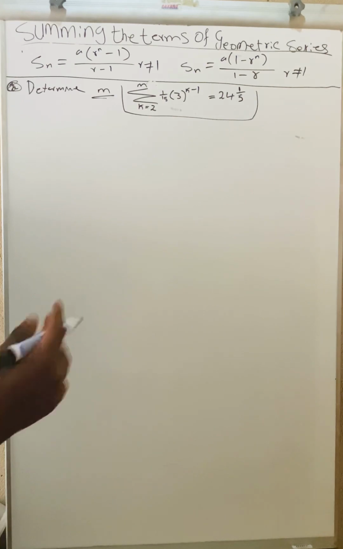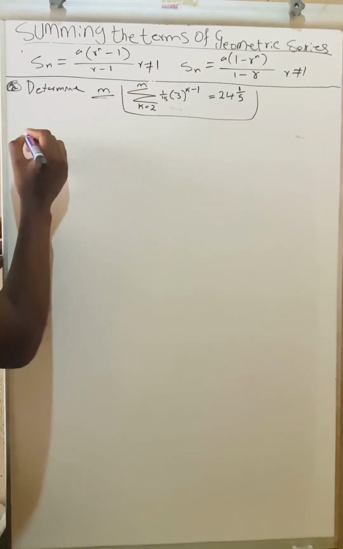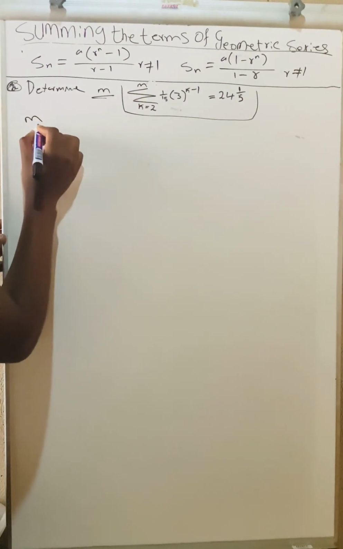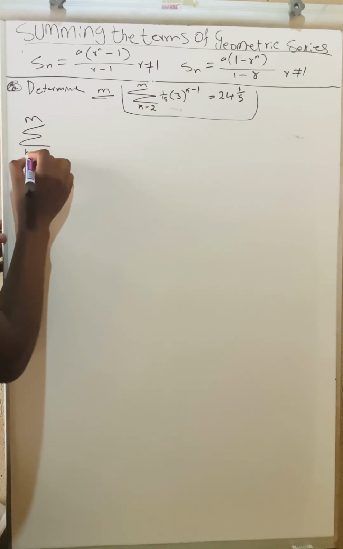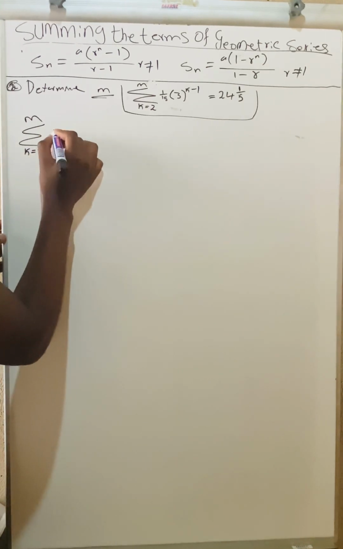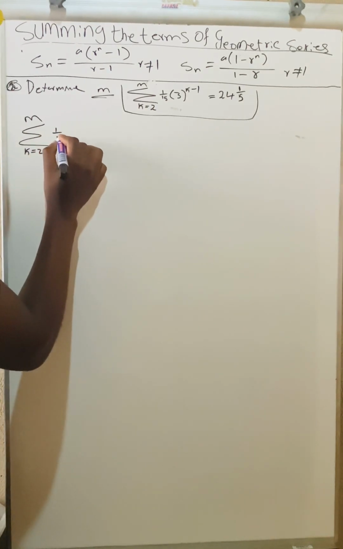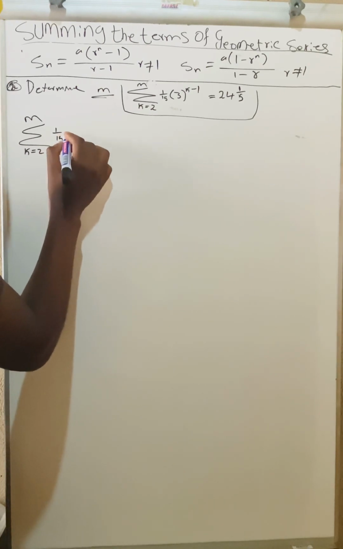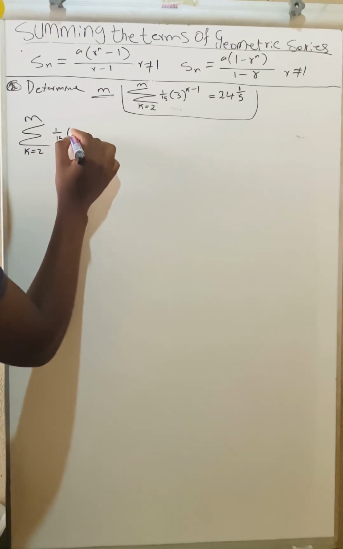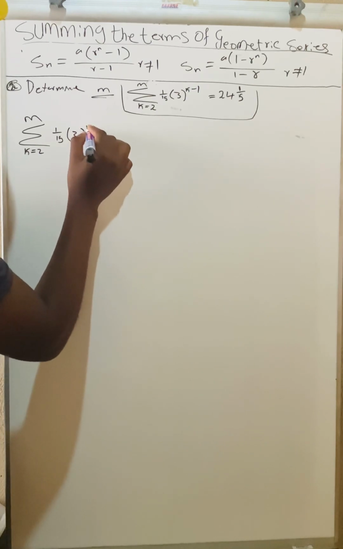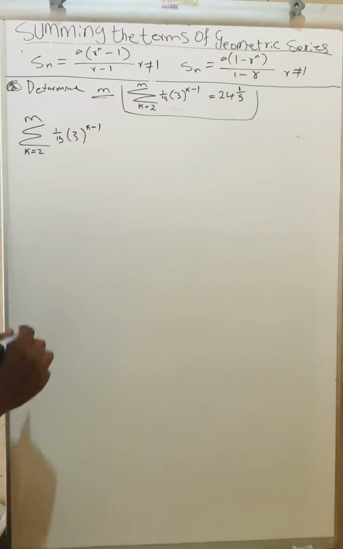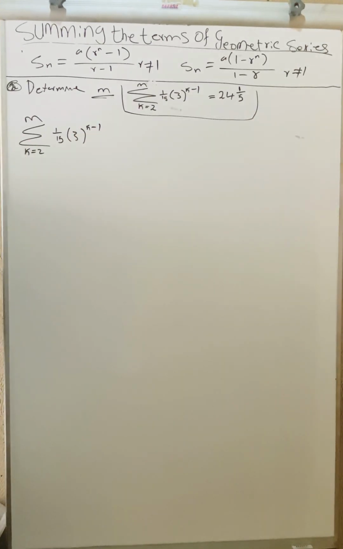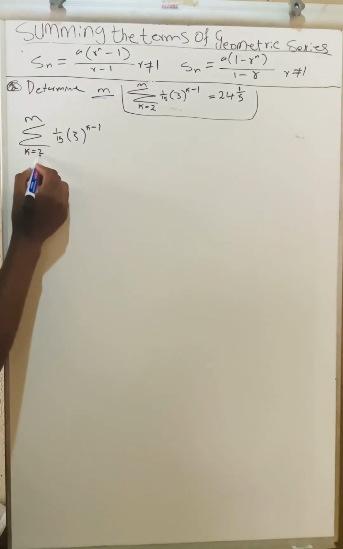Just pay attention. Firstly, you need to write this. You just say the sum from k equals 2 to m of 1 over 15 times (3 to the power k minus 1). Here, firstly, when we substitute, you will start with 2.